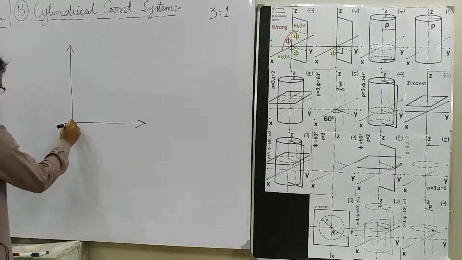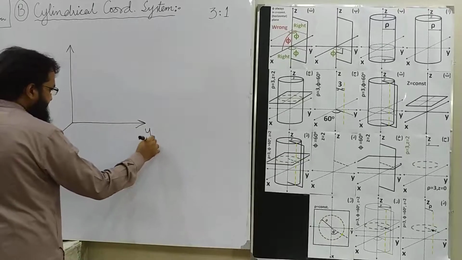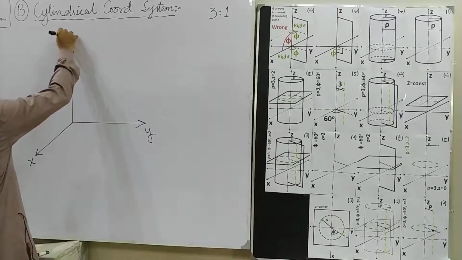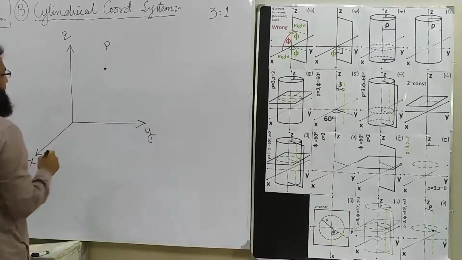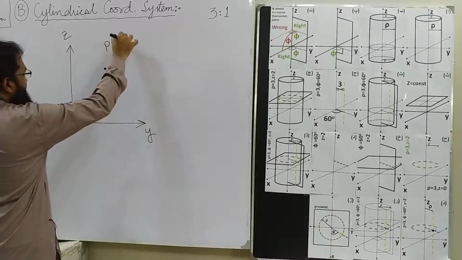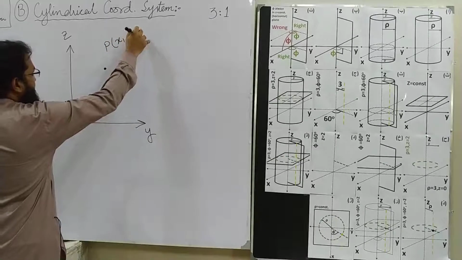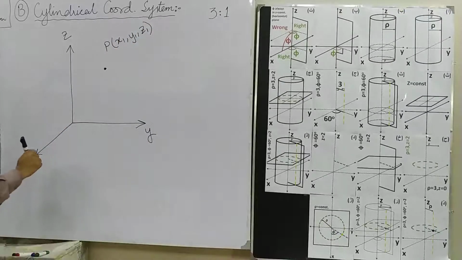So let's say we have this right-handed coordinate system x, y, and z, and we want to locate this point P, whose coordinates are x1, y1, and z1, and obviously in the rectangular or Cartesian coordinate system.